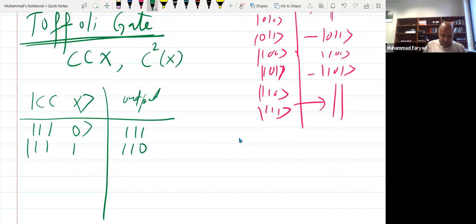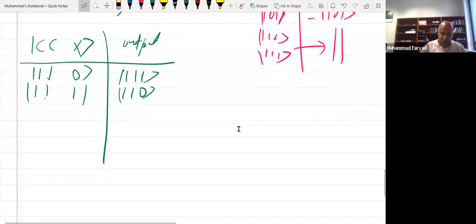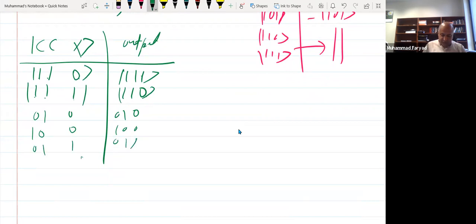So if this control is 1, 0 goes to 1. If this control is 1, 1 goes to 0. For all other combinations of 3-qubit inputs, for example, if this is 0, 1 and this is 0, this remains 0, 1, 0. If this is 1, 0 and this is 0, this remains 1, 0, 0. If this is 0, 1 and this is 1, this remains 0, 1, 1. And you get the idea. I can write all the remaining 6 combinations, and they all come out as they are.